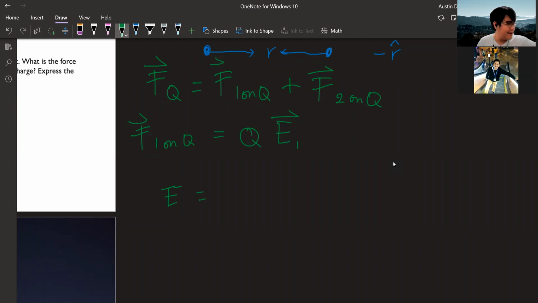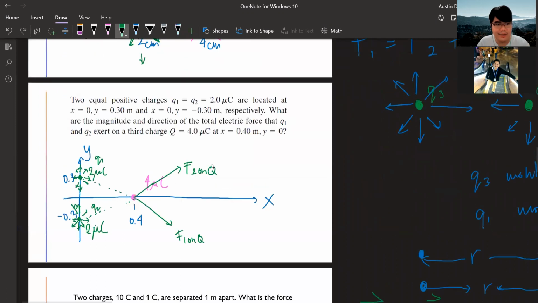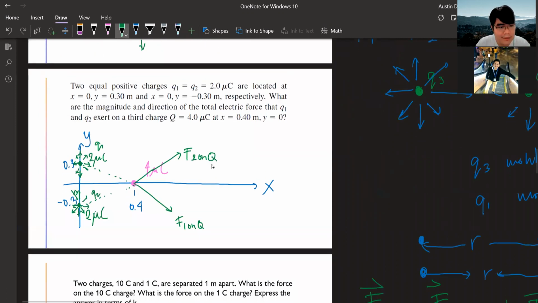Let me grab my scratch. So, E1 would be K times Q1 and yung R squared mo. What is R squared? Yan na problema. Okay, so R squared would be, yung R mo would be this distance.